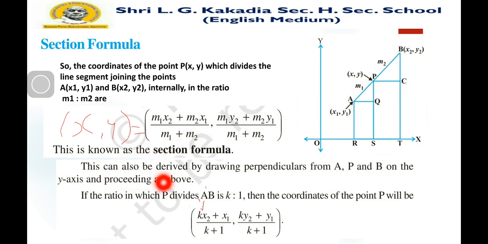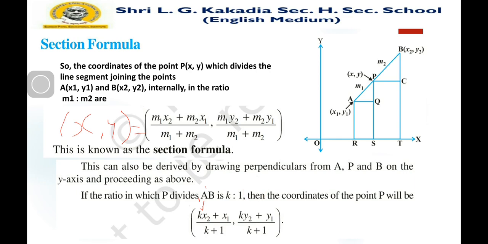If the ratio in which P divides AB is k is to 1, then the coordinates of the point P will be (k x2 plus x1) upon (k plus 1) and (k y2 plus y1) upon (k plus 1).